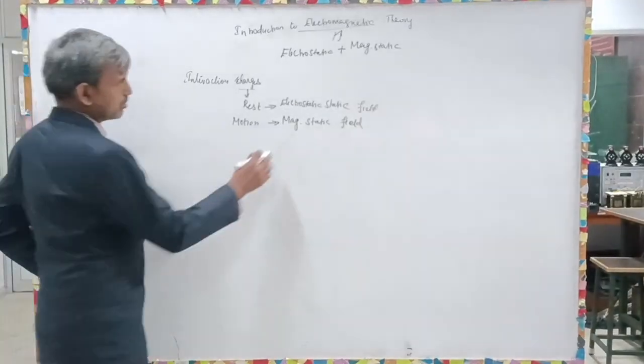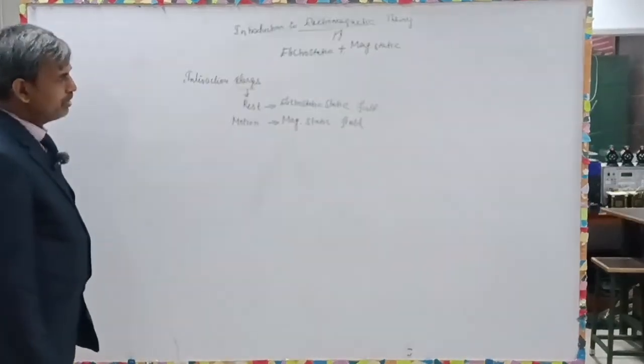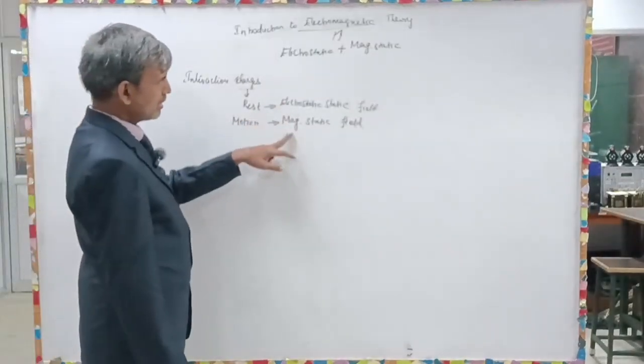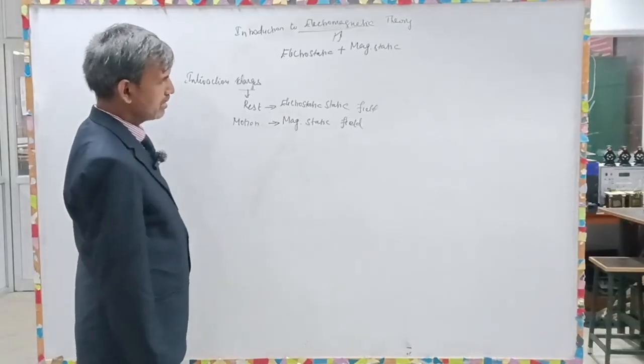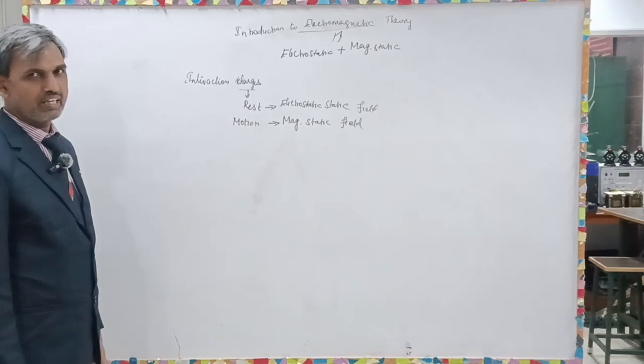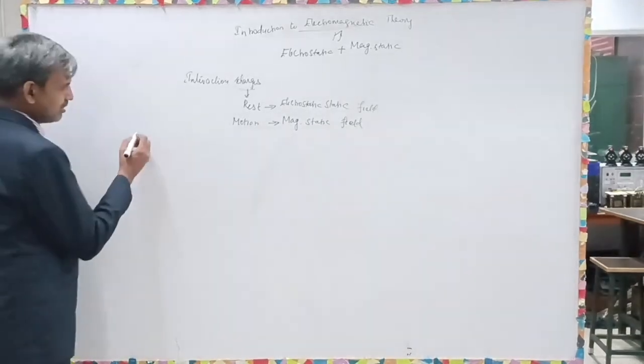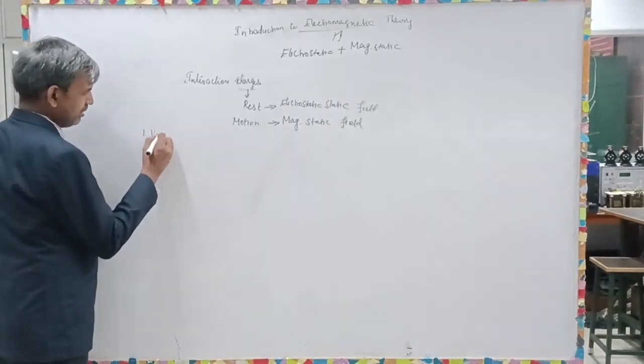So these two quantities are vector quantities. Before discussing electrostatic and magnetostatic, we need some basics of vector analysis. So first we are going to discuss vector analysis. Under this, the first one is vector addition.